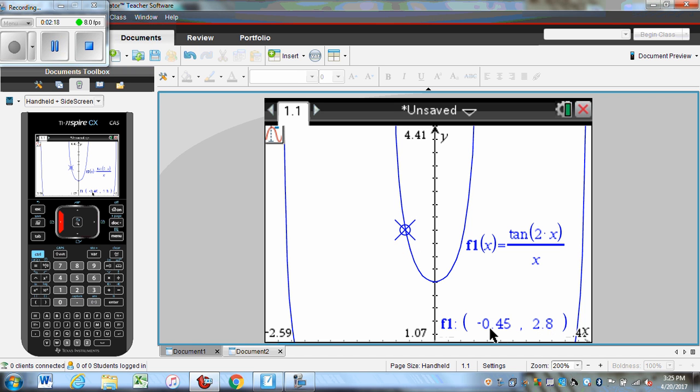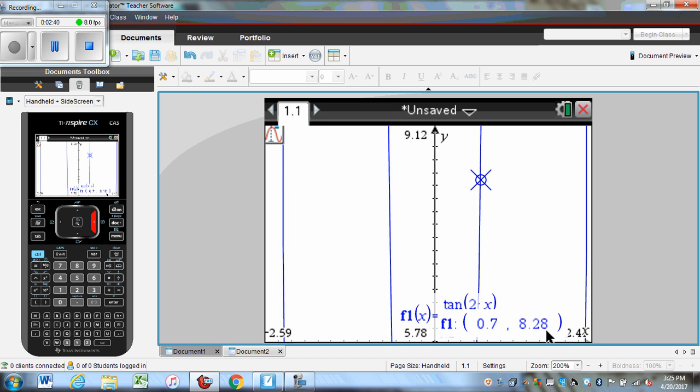Right? So as these x values, negative 0.45, negative 0.4, negative 0.3, these are getting closer and closer to 0. What are these y values doing? What's the value of the function approaching? And you're probably like, why are you wasting your time talking to me right now? It's obviously approaching 2. And that's what we see from the left.